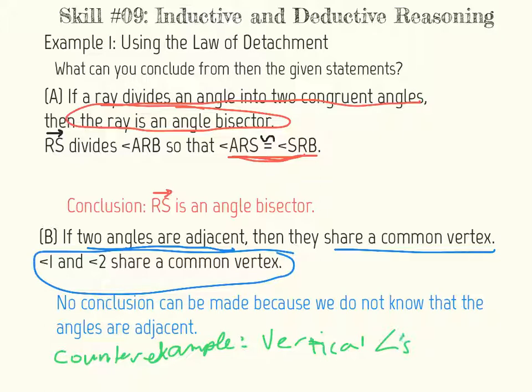Vertical angles share a vertex, right? They share the vertex in the middle here. However, they are not adjacent. They don't have a common ray. So that means vertical angles would be a counterexample to this situation.